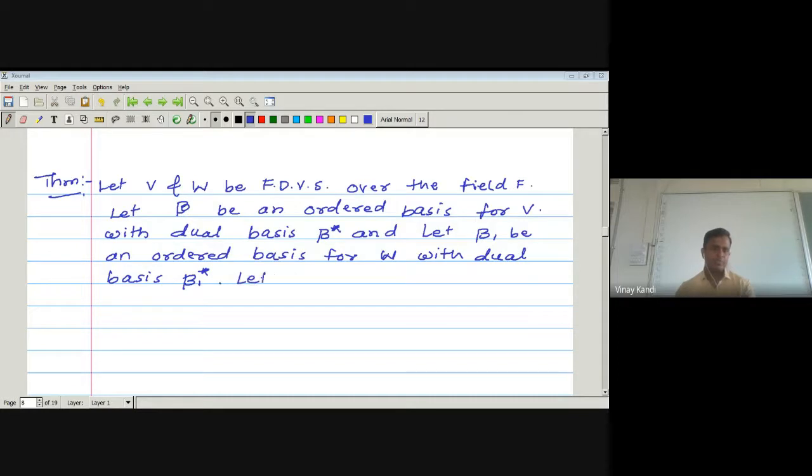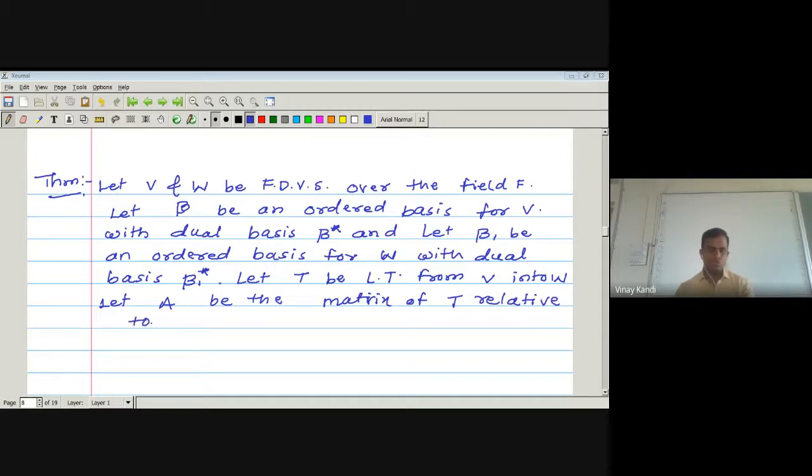Okay, and let capital T be a linear transformation from V into W. And let A be the matrix of this linear transformation T relative to beta and beta 1.